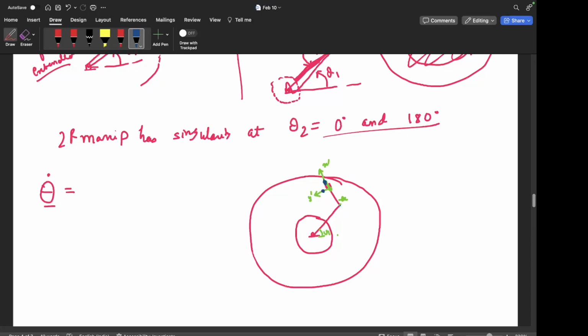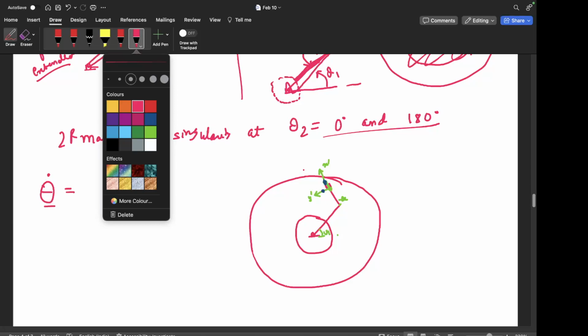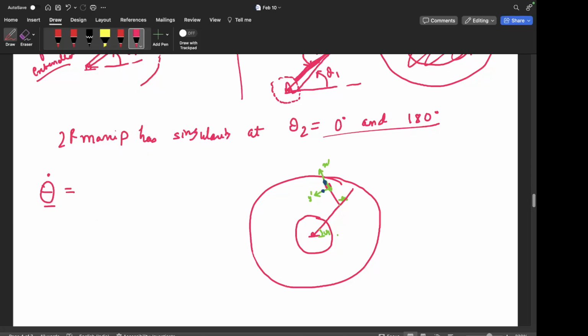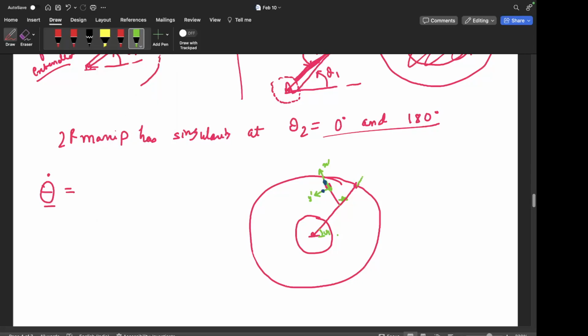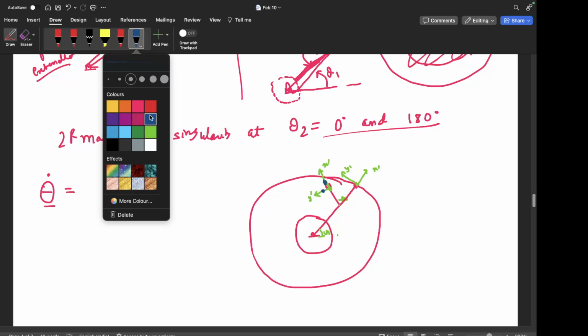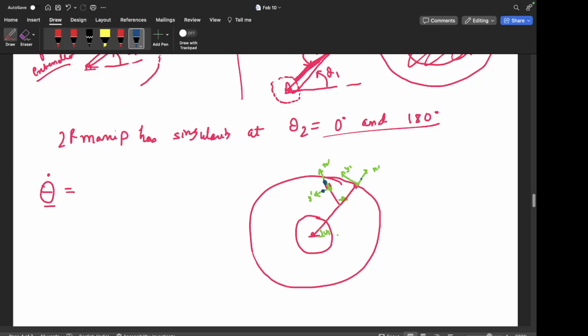Now when I am at the edge of the workspace, my arm is in fully extended configuration, so the end effector is here, right? Now again, if you draw the directions there, one along the link and one perpendicular to the link, then from physical intuition you can very well say that in the x dash direction you can't move any further.